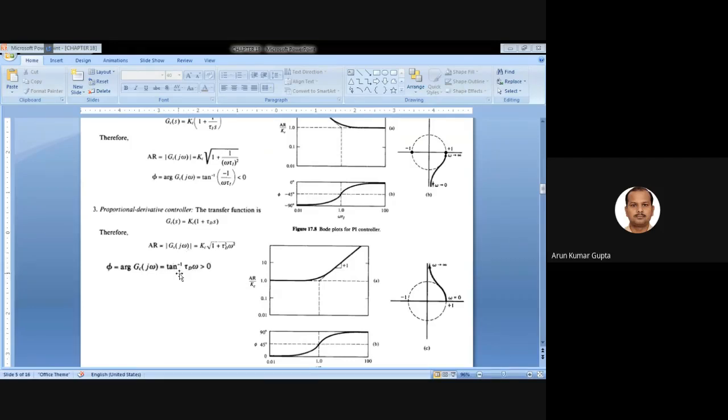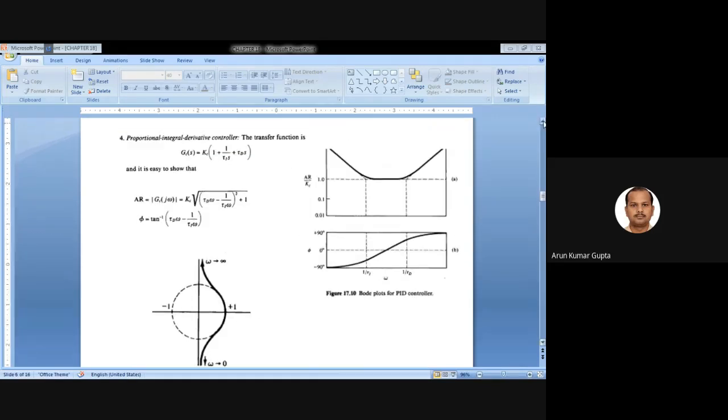And this is the only controller that gives you a phase lead, because your angle is positive. Positive angle means phase lead. This is a very important discussion. The proportional derivative gives you the phase lead, which means the output will show a positive phase angle. Otherwise, all the other functions show a negative phase lag.